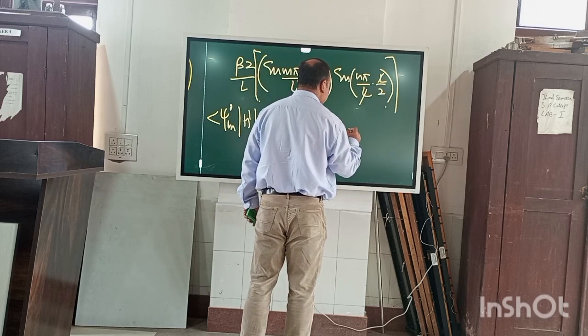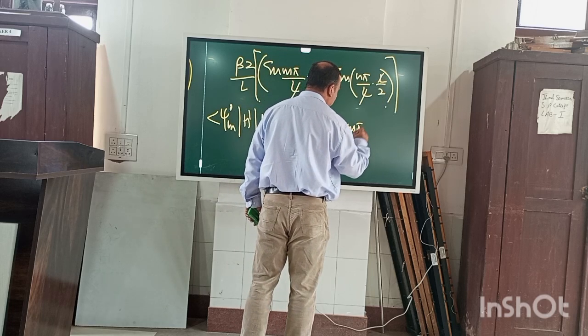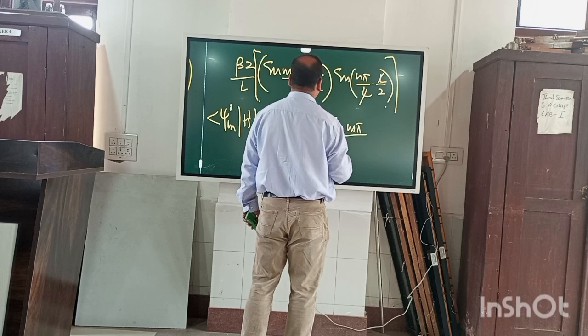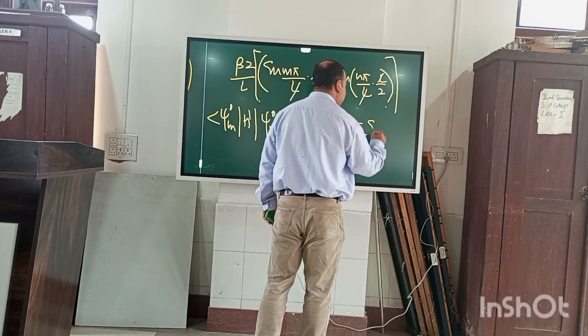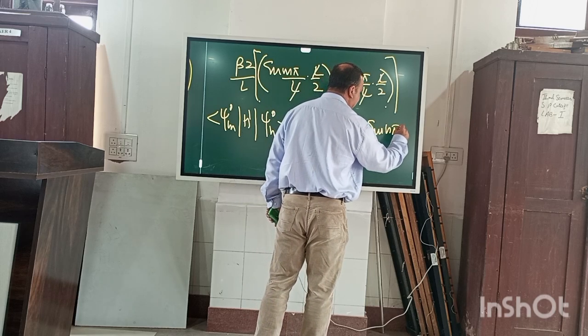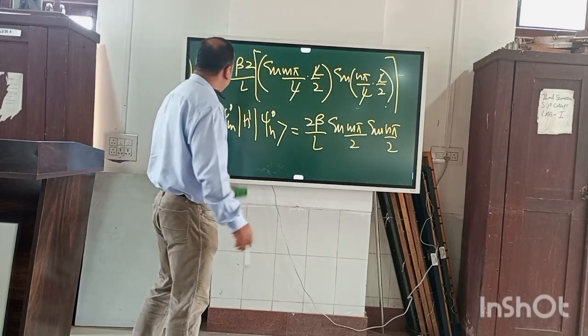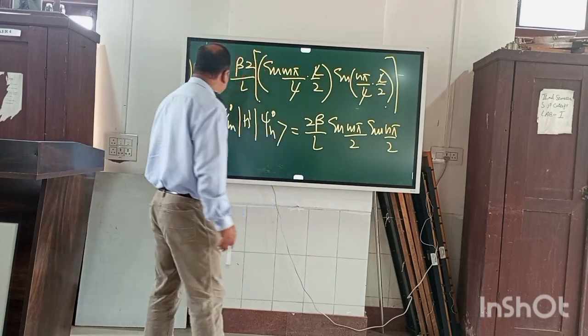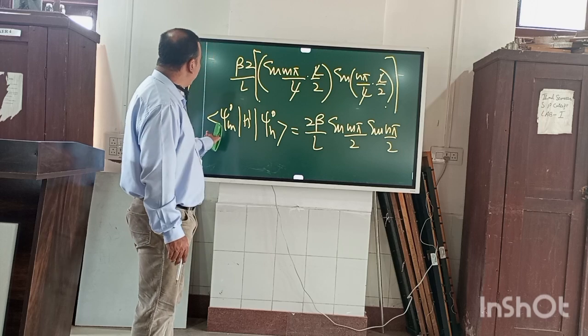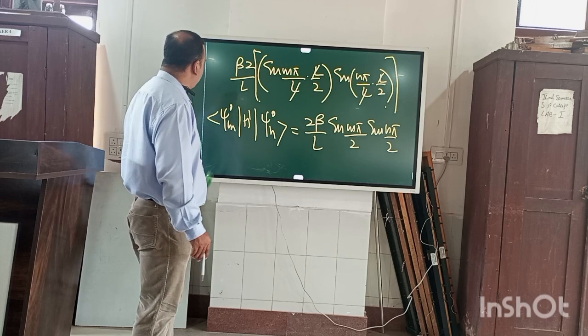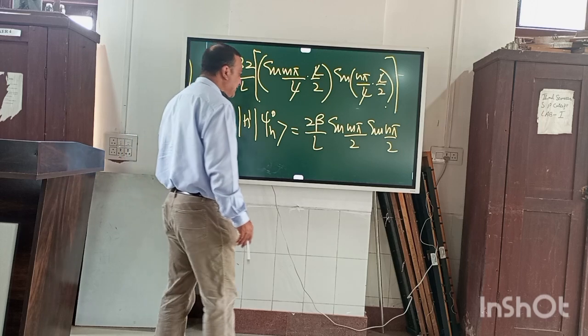What I will have is sine of m pi by 2 and sine of n pi by 2. So this is the result that we obtained for the numerator of our correction in the eigenvector.